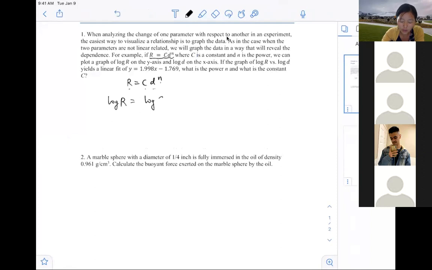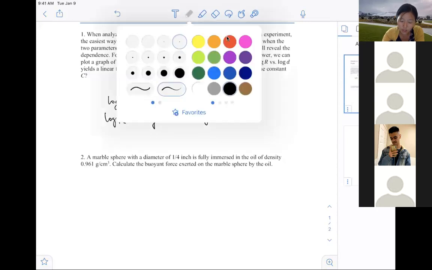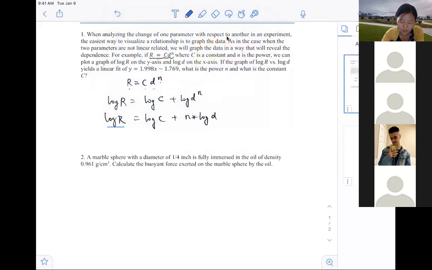So this becomes log c plus log d to the power of n, and that becomes n times log d. So you can see that this is my y, and this is x. So this is slope k, and this is y-intercept b, okay?